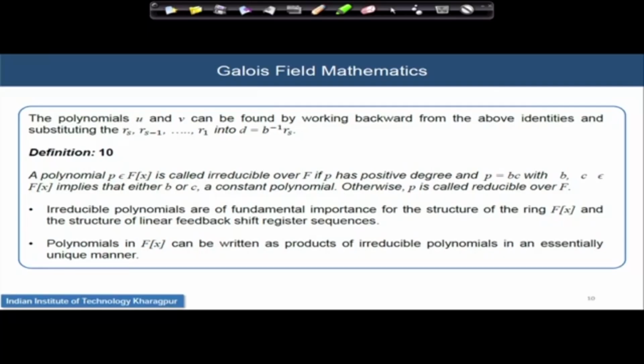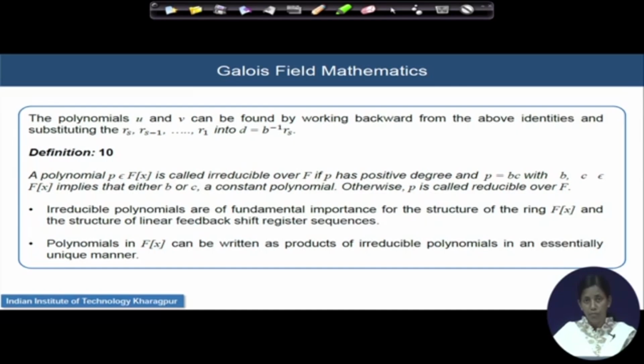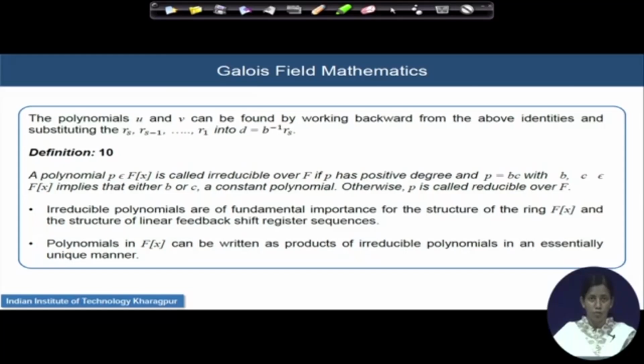They are of fundamental importance in the ring, and they are also a very fundamental concept when we go ahead with the discussion of the correlation analysis of the period, maximal length sequence generation, even PN sequence generation, long nonlinear sequence generation. We will see the importance of this expression in the generation of linear feedback shift register and also long nonlinear sequence generation later on.